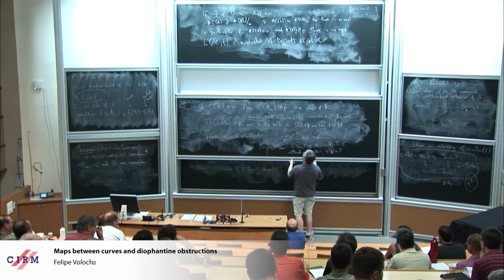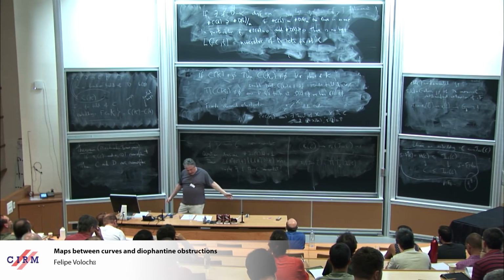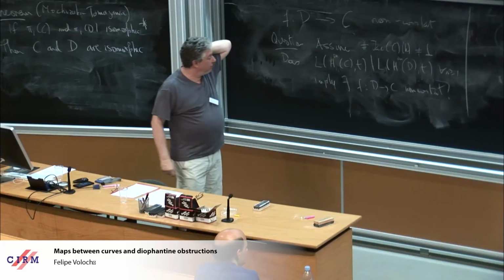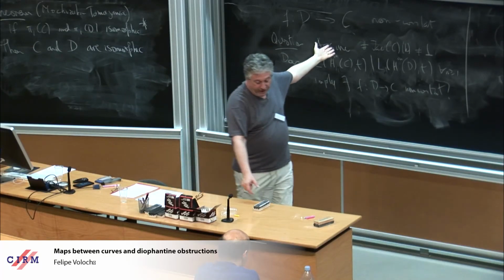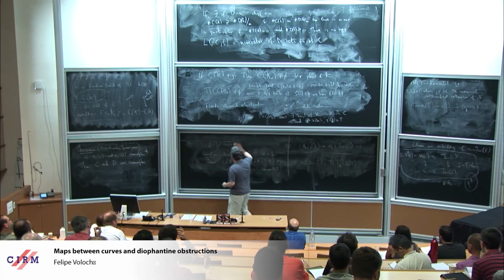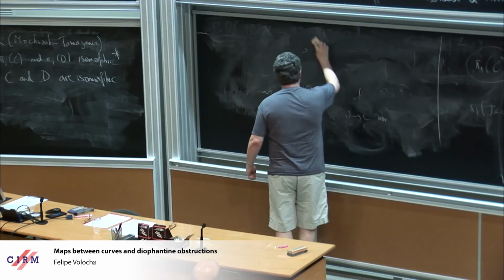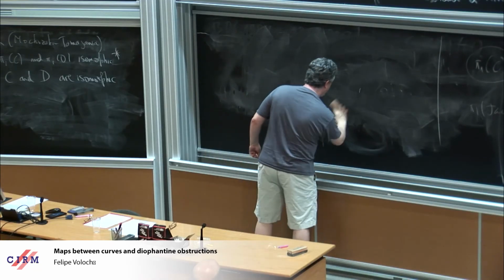We can try and do this here, and I think that finite descent obstruction should obstruct the existence of rational points, and here's a theorem. I was hoping to talk more about this, but I don't have a lot of time.